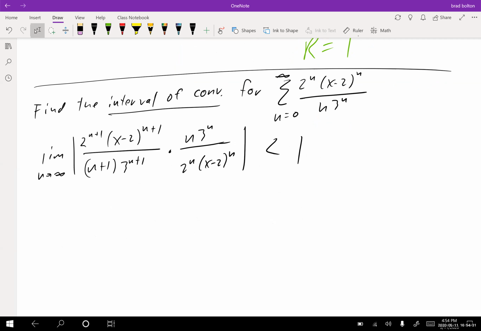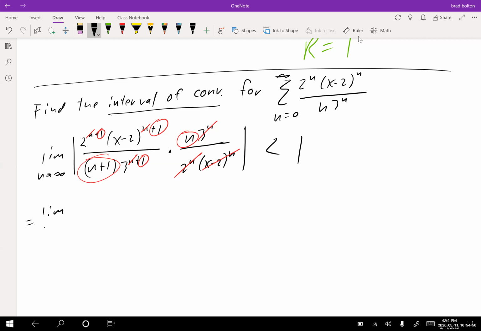So now we're going to have to do a little bit more work. So this (x minus 2) to the n is going to cancel with this (x minus 2) to the n, and it'll leave us with the plus 1. This 3 to the n plus 1 will cancel with this 3 to the n, and it'll leave us with 3 to the 1. This 2 to the n will cancel with this, and we're left with that. And we're still going to be left with this n and this n because we can't cancel those.